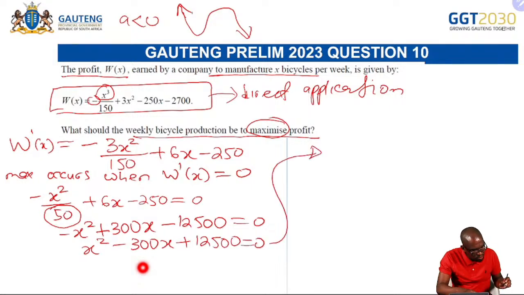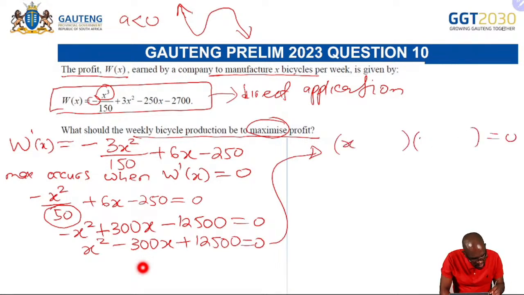So if we continue with it here, we can actually find those factors using inspection. The factors of 12,500 that can give us 300. Remember, you can use your quadratic formula here, but you can also work out the factors using inspection. You would get that it's 250 and 50.